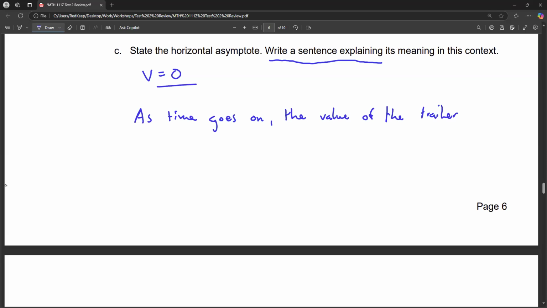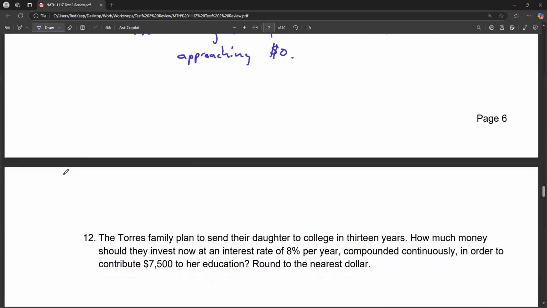And remember, this is approaching the horizontal asymptote, right? So the value of the trailer is approaching, if I can spell this right, approaching $0, right? Okay. So that would be my best interpretation of that. Let's go ahead and move on.